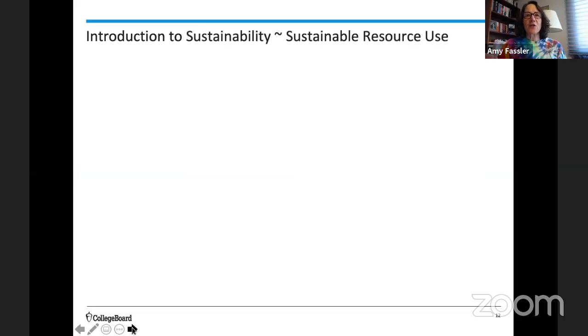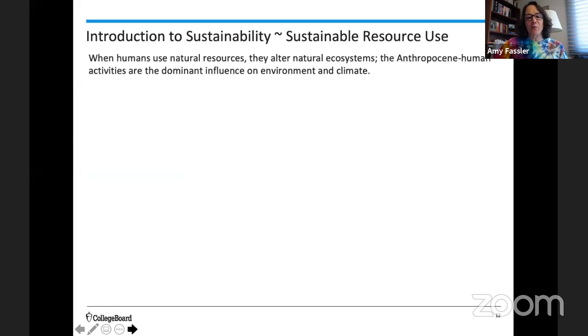So the term sustainability itself, let's start with a review of what we mean by that and sustainable resource use. If you think about it, it's inevitable that we as humans are going to alter natural ecosystems as we locate, extract, and process different resources, whether those are energy resources, different mineral resources, renewable resources.